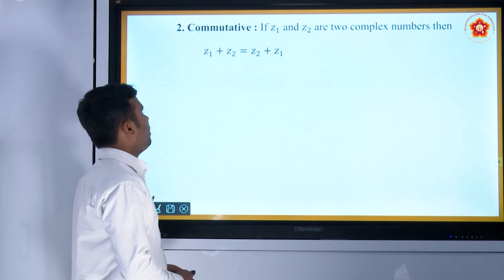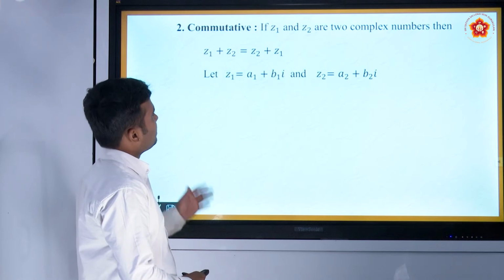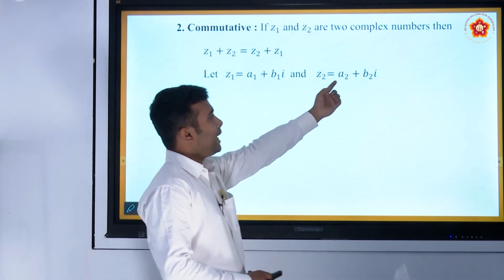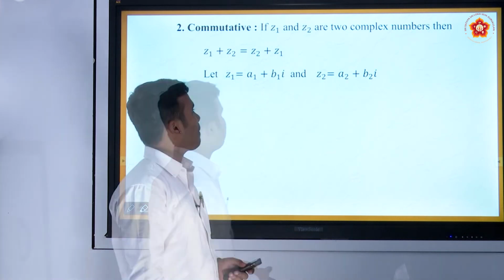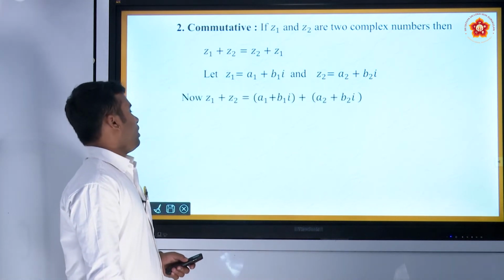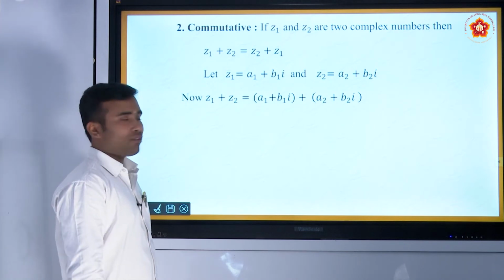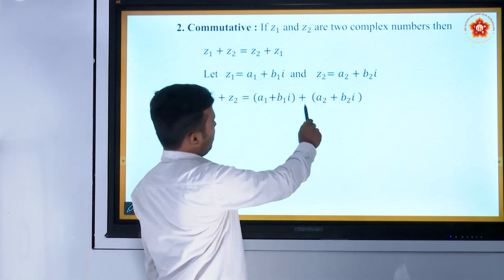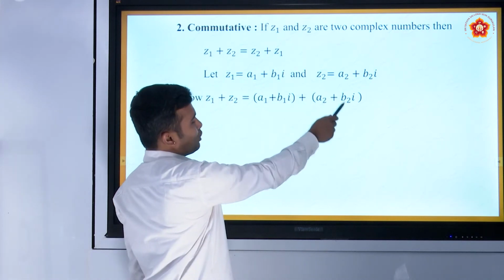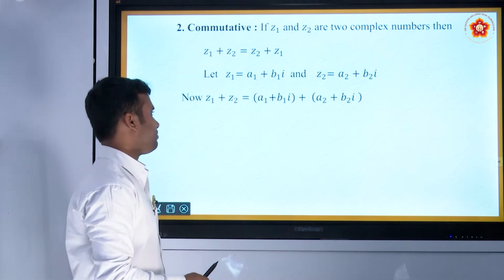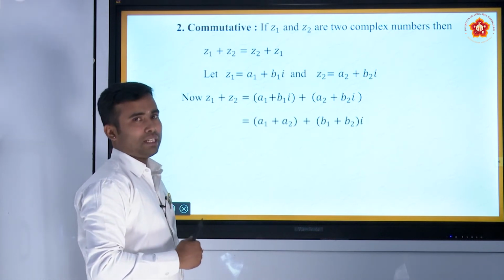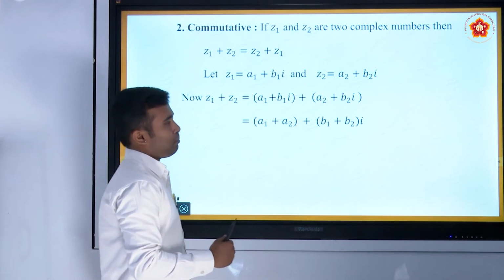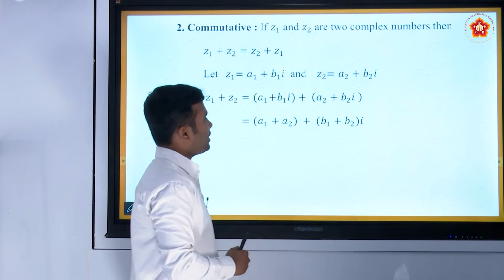Let us see this. Let us consider z1 is equal to a1 plus b1i and z2 is equal to a2 plus b2i. Now z1 plus z2 is equal to a1 plus b1i plus a2 plus b2i. Now add the corresponding real parts and imaginary parts. So you will get (a1 plus a2) plus (b1 plus b2) times i.